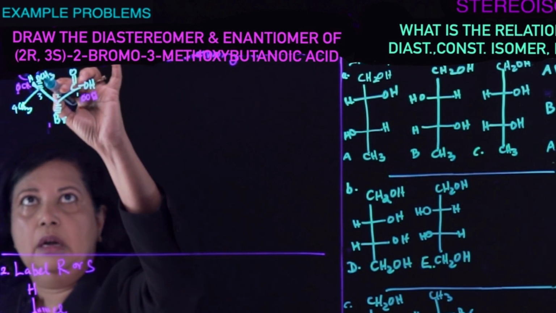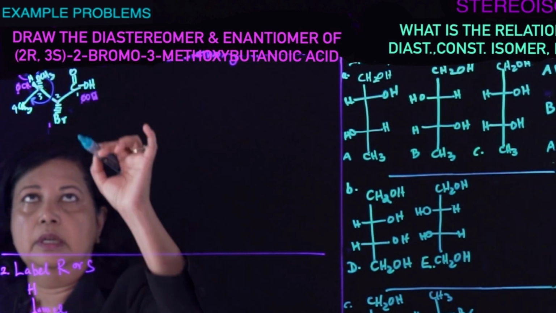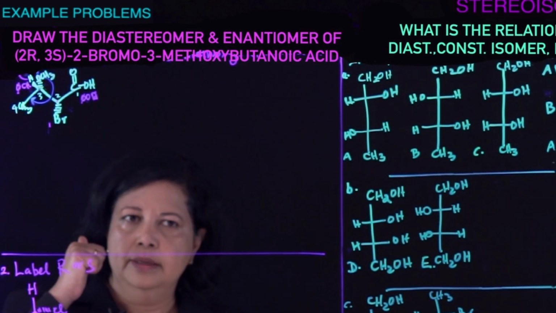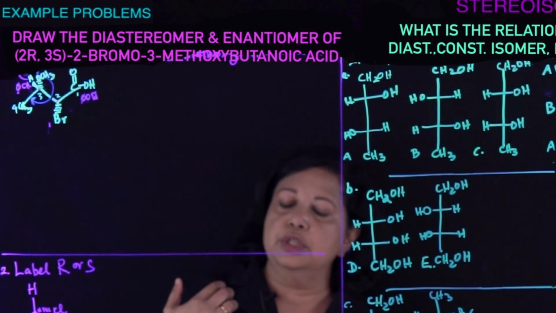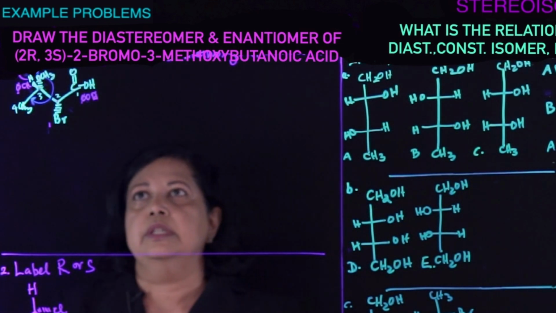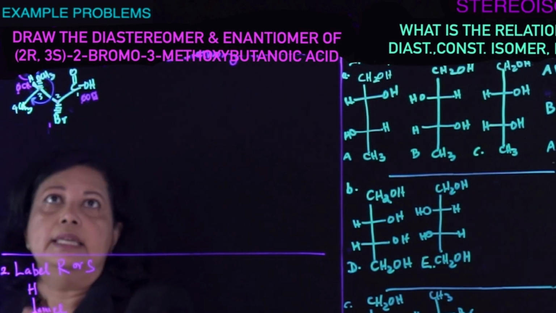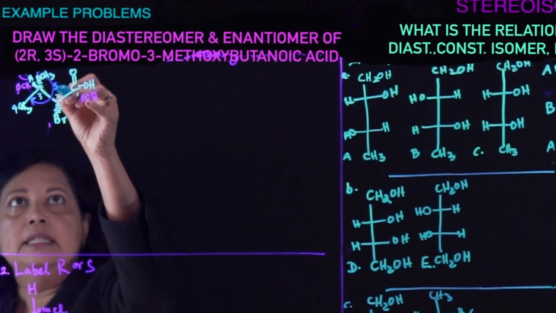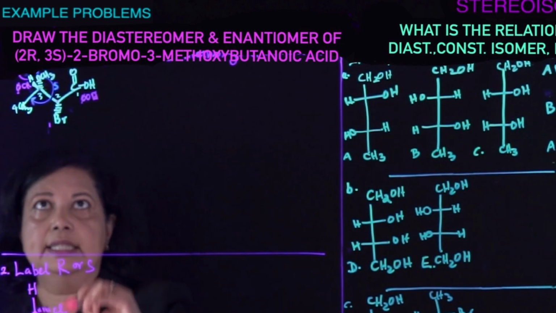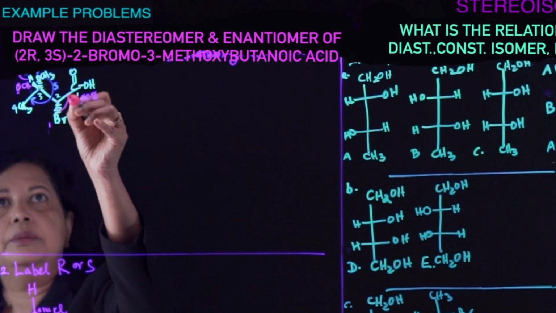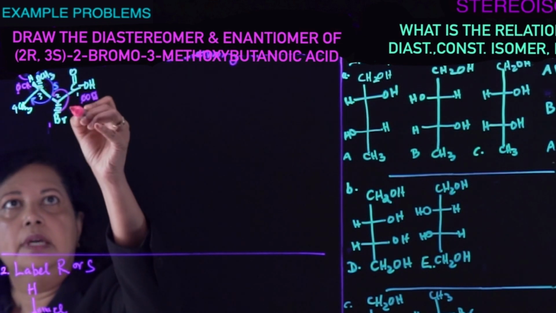So that's going to be clockwise, and you might jump to the conclusion that's an R, but wait a minute, that hydrogen is pointing up. The rule is hydrogen should be pointing away. So clockwise with group number 4 pointing up is an S. So this is an S, and this is an R. 1, 2, 3 counterclockwise with hydrogen out is R.